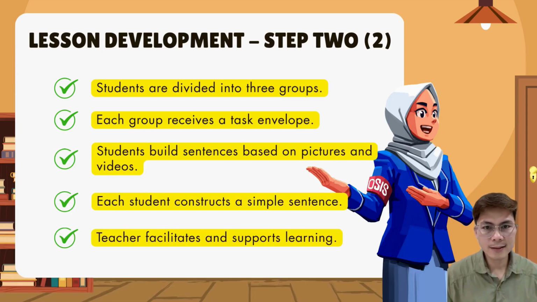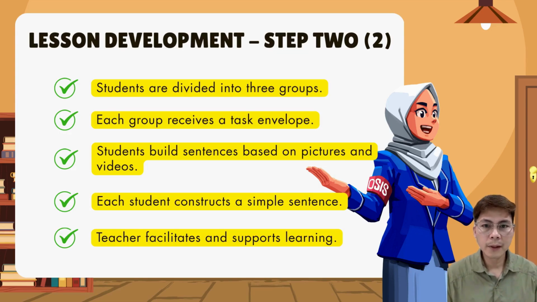Now let us look at lesson development Step 2. In this stage, students are divided into 3 groups. Each group receives a task envelope that contains pictures and video related to the lesson. Based on the visual materials, students work together to build sentences using adjectives.